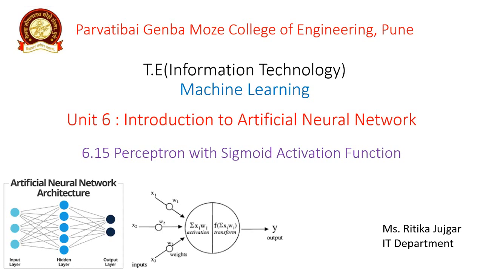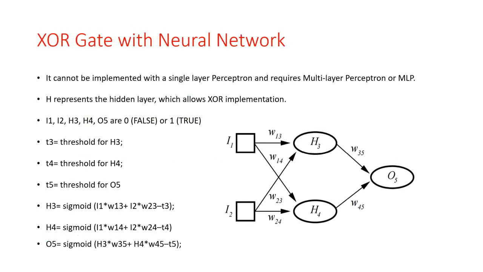Here in this video we discuss how we apply the sigmoid activation function by using the perceptron technique. Before starting the sigmoid activation function, first we discuss the XOR gate with the neural network.